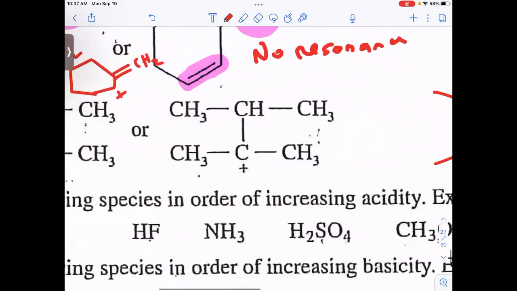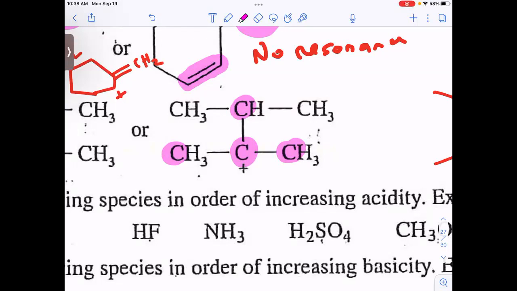What about here? What type of cation is this one? How many bonds to carbon does it have? It's bonded to 3 carbons, is that right? Can y'all see that?